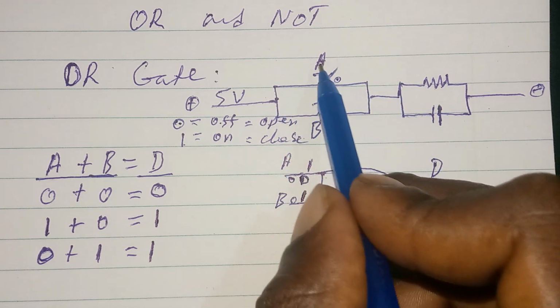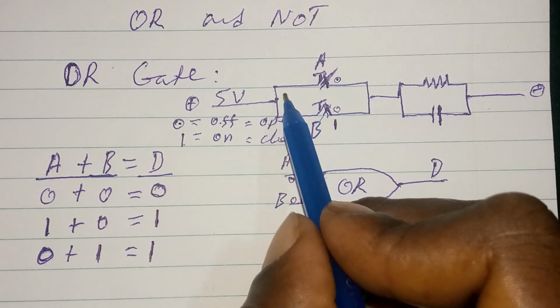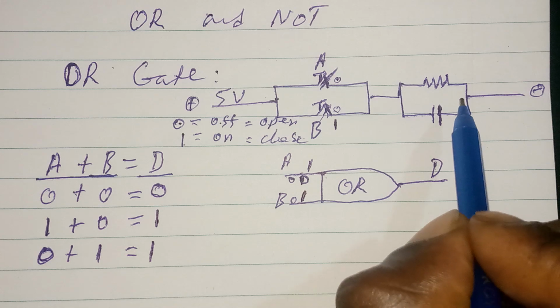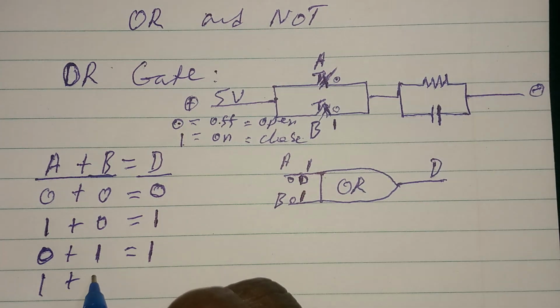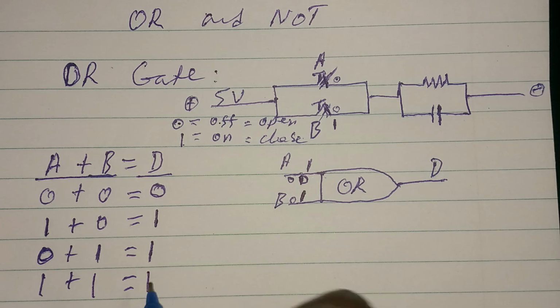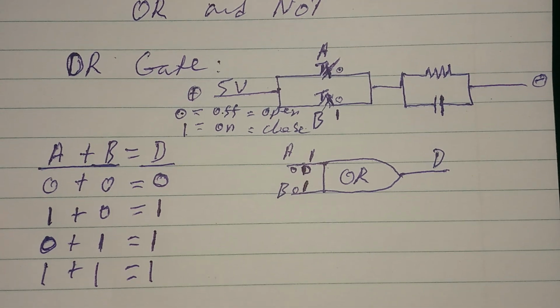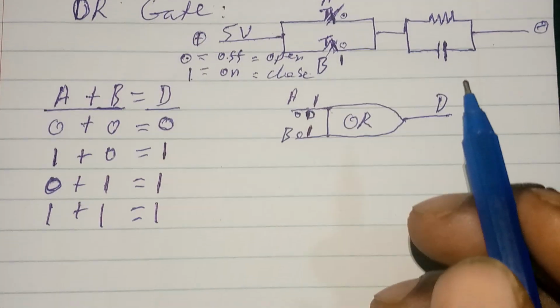Even if one of these switches is closed, leaving the other open, the circuit will still be switched on. So if we close switch A plus switch B here, there is still going to be an output. So that is exactly how the OR gate is.